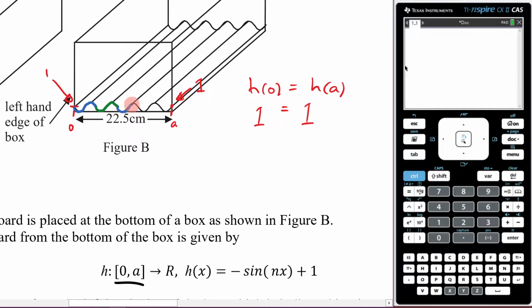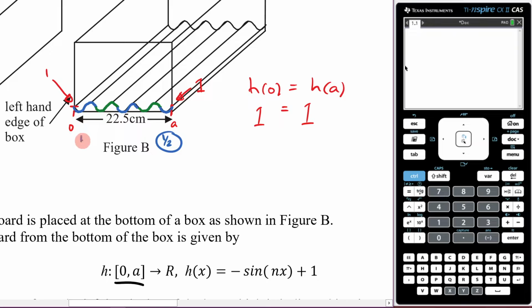There's another cycle. There's another cycle. And then finally, there's half a cycle there. And I know that this is exactly half a cycle because it's ending at 1. So the reason they've told me that h of a is equal to 1 is so that I can definitely tell you that this point right here is half a period.